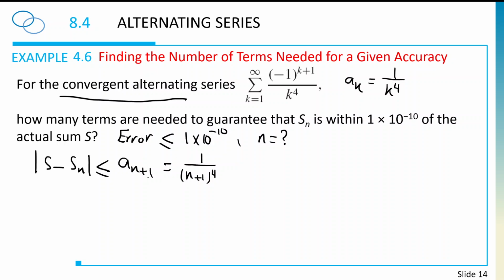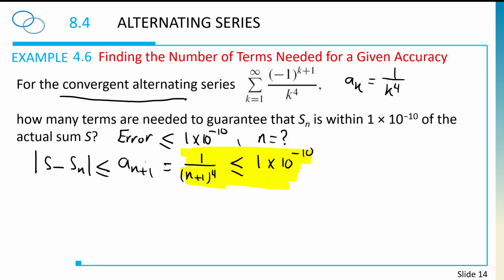I need An plus 1, so you just replace k with n plus 1. I need this to be less than or equal to 1 times 10 to the power of negative 10. So you need to solve this inequality only, just to find an approximation for n. Okay, easy, we can do it.